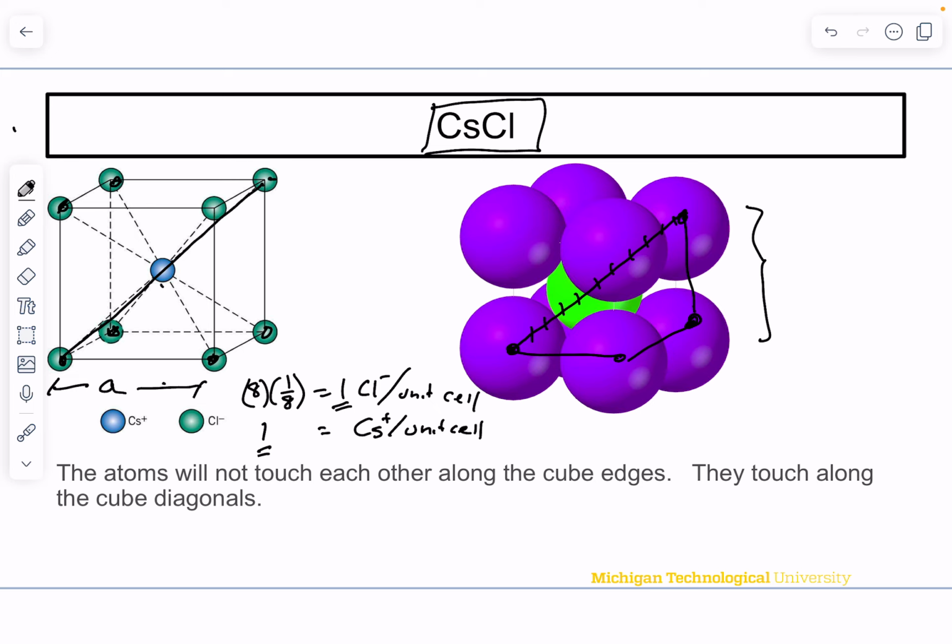While we're looking at this, I know in advance that we're going to want an expression for the lattice parameter A as a function of the two radii, the radius of the chloride ion and the radius of the cesium ion.